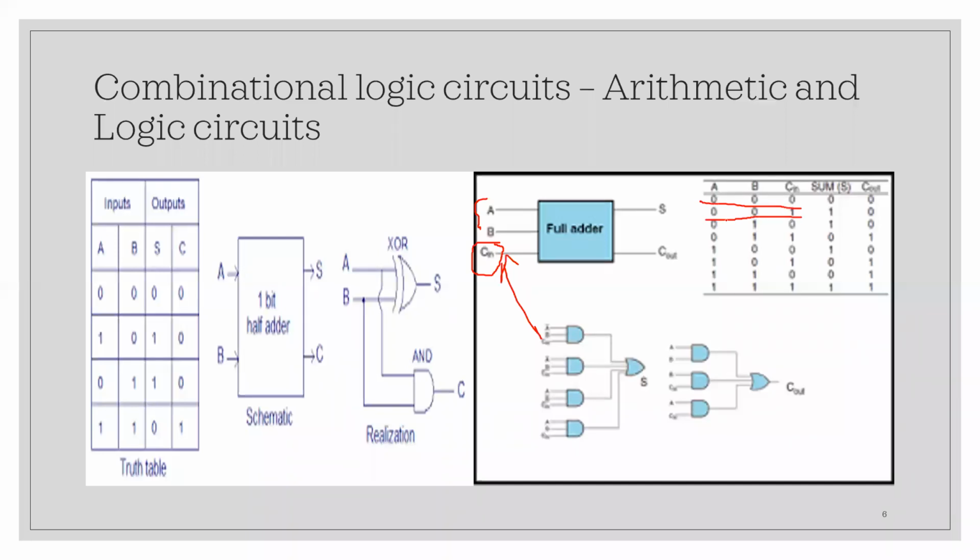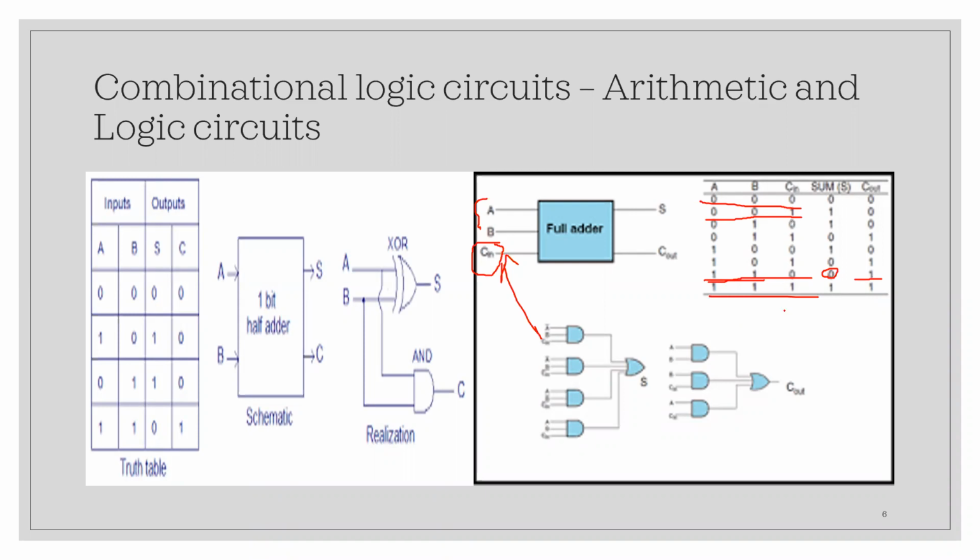Similarly, 0 plus 1 in binary is 1, and there is no carry. Consider the case 1 1 0, where A and B are 1 and the carry is 0. In this case, the sum turns out to be 0, and a carry is generated, which represents 1.